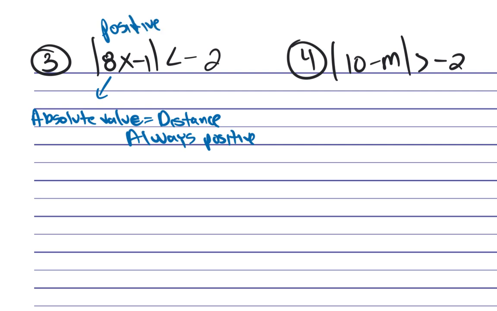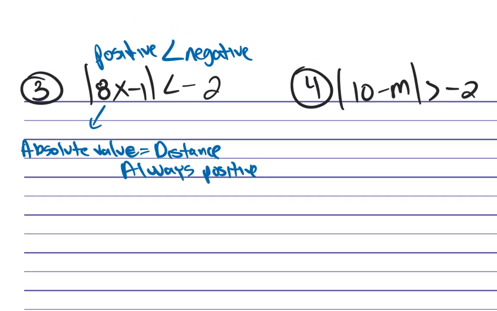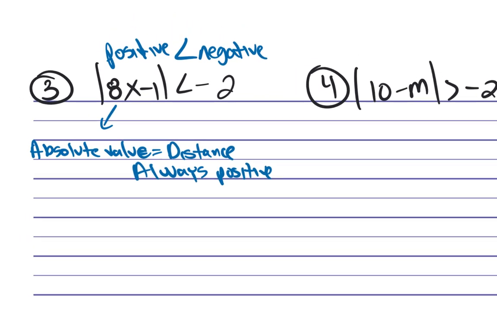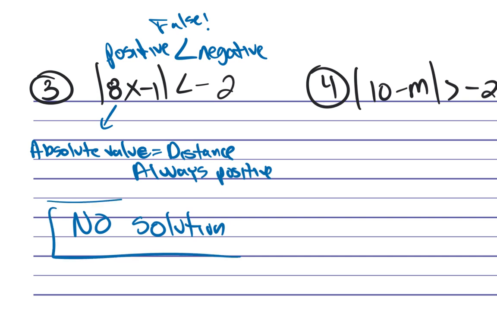I have distance less than a negative number. A positive number can never be less than a negative. So this is a false statement. And that's what makes this one a no solution. Because I have a less than symbol, less than a negative, I have no solution.